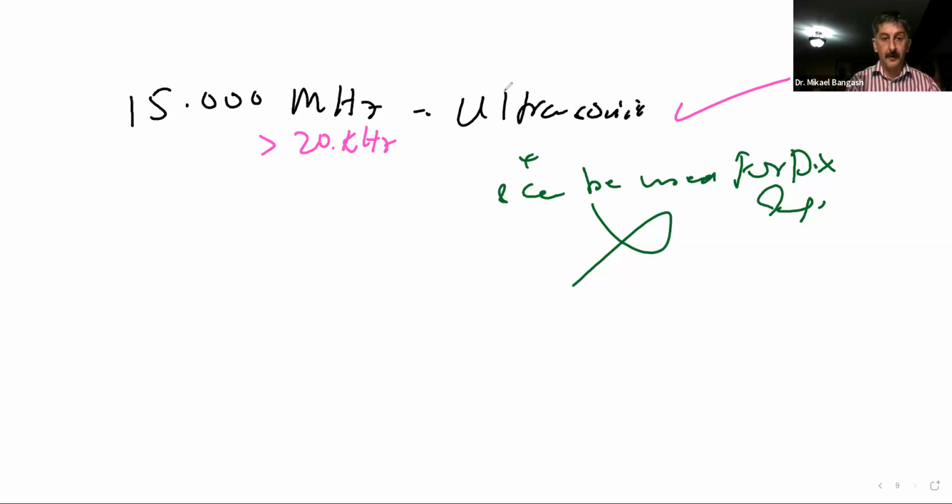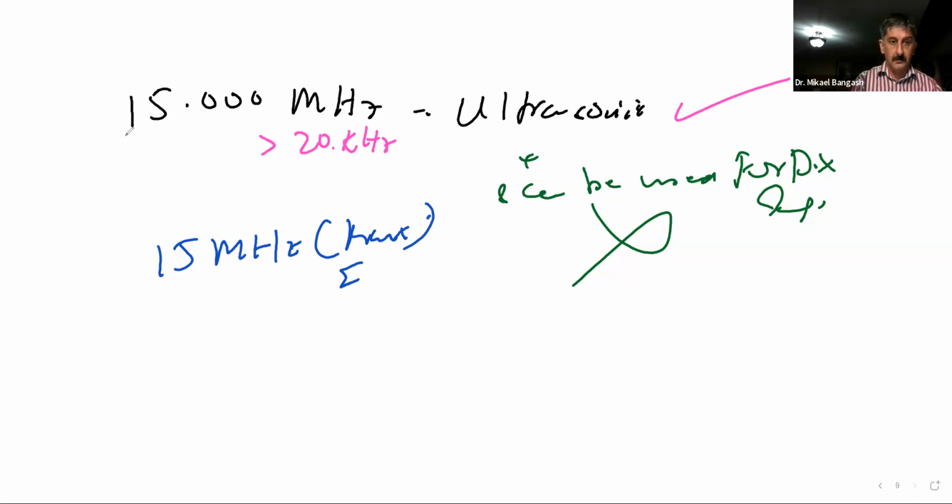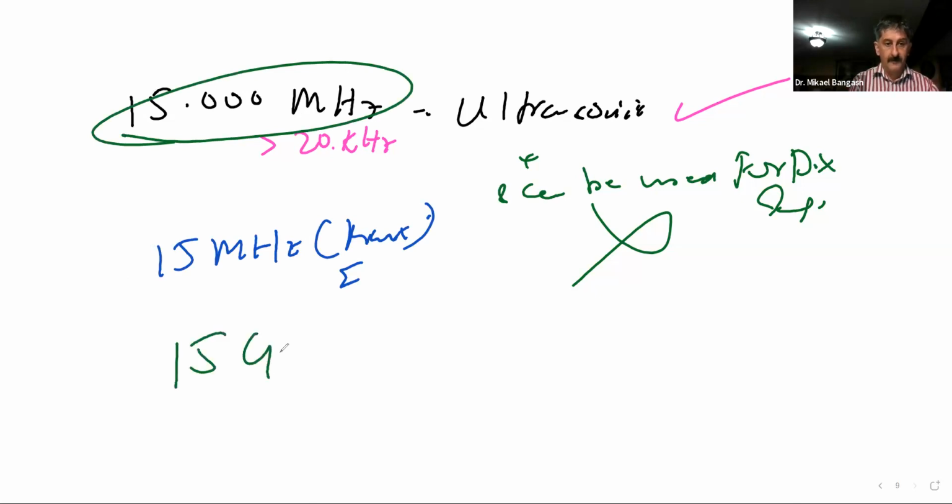We said that the upper range was 15 megahertz. That was the max normal frequency of an ultrasound wave. As a matter of fact, these 15,000 megahertz are equal to 15 gigahertz. So 15,000 megahertz is 15 gigahertz.